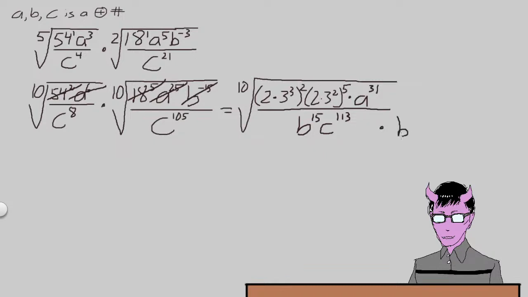So times b to the power of 5, but we need to have fractional equivalents, so also exponent 5. This one, is it perfectly divisible by 10? It is not. We need to bring it up to 120, so we need c to the power of 7, because again, 7 plus 113 is 120, which is divisible by that. Top and bottom.